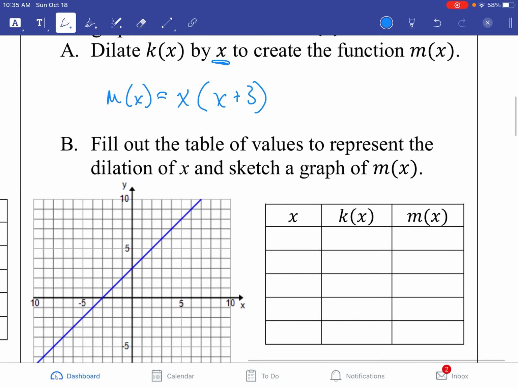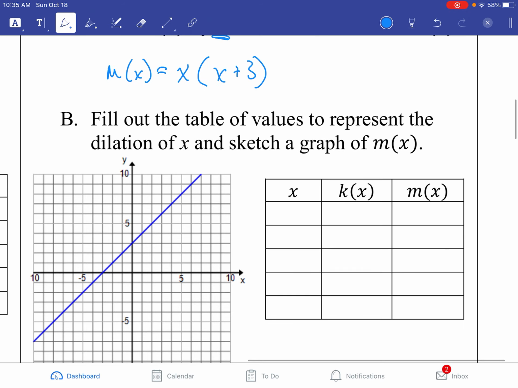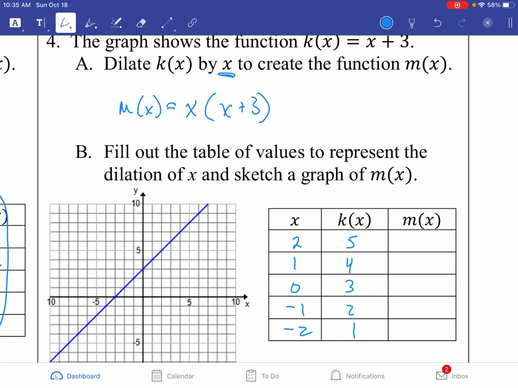Okay, so the graph is still the same. We're going to still use the same x values. Actually, let's go back up there. 2, 1, 0, negative 1, and negative 2. Okay, so our k values will be the same as well. So we had 5, 4, 3, 2, 1. All right, but now when we're doing this, think about what we did in our function.